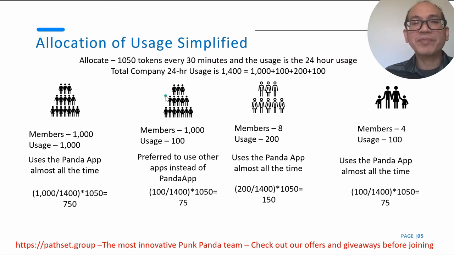Now, I want to describe this second group. They're as big as the first group; they also have 1,000 members. However, they said, you know what? This app is not better, and I don't think we can use it because the functionality that we want is not there. Let's only use it as little as we can. So they're still using FB Messenger, WhatsApp, and Viber, and they're using them heavily.